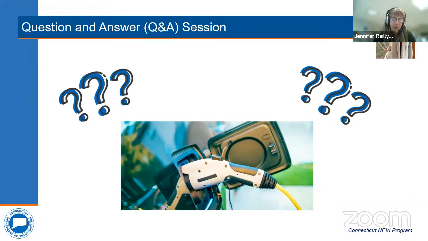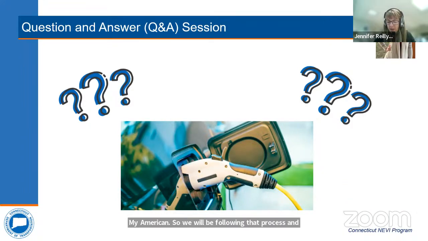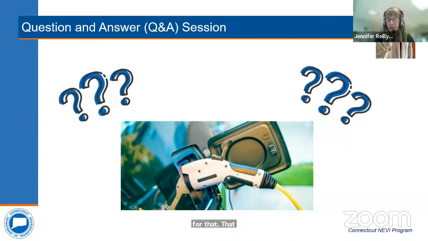So we will be following that process and working with our division office to ensure that that process will carry over for our NEVI program. But folks will have to sign a piece of paper and they could be in jeopardy of losing their award if they were awarded something. So thank you for that concern, but that's definitely something that will be outlined within our RFP.